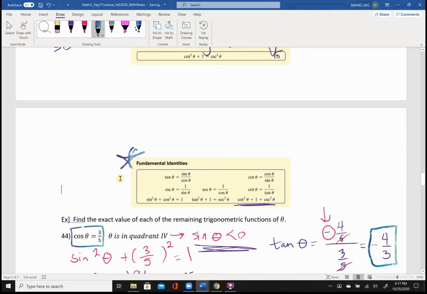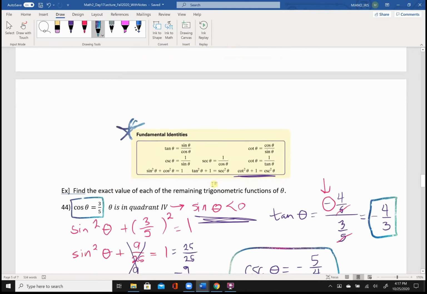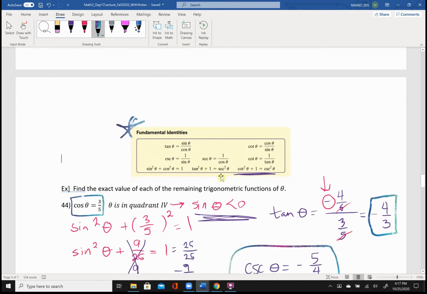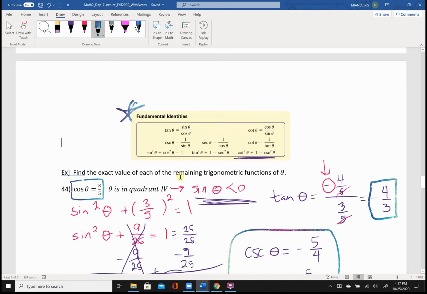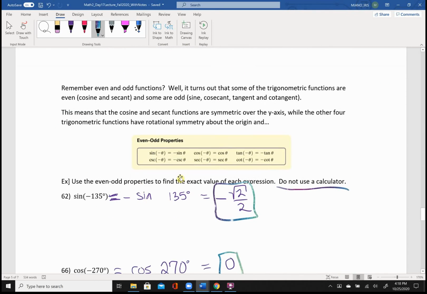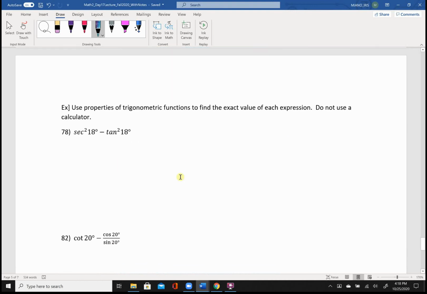If you can turn to that page physically, or at least look at it while we're going, you're going to be looking for what you deem to be the most appropriate identity to substitute one value for another. So I'm looking at this and I'm saying, ooh, that secant squared of 18 degrees, I can replace it with tangent squared 18 degrees plus 1, and I think that's going to be useful in a subsequent step, because believe it or not, those tangent squared 18 degrees are going to cancel out. Watch this. It's a fun trick, okay?